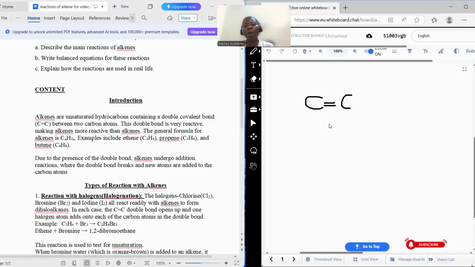The general formula for alkenes is CnH2n, with examples being ethene, C2H4, propene, C3H6, and butene, C4H8.